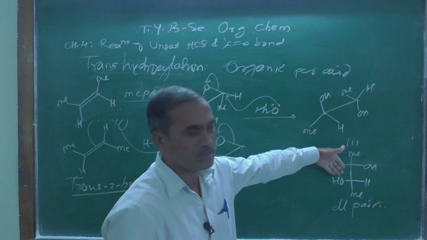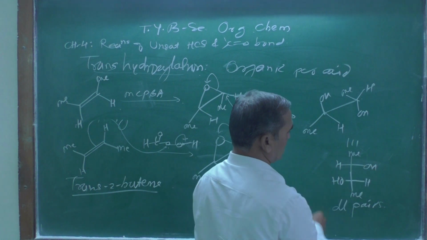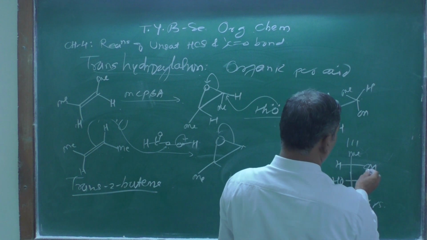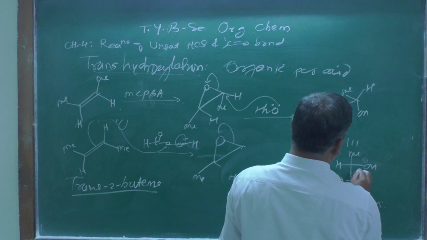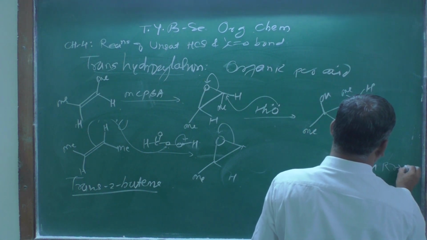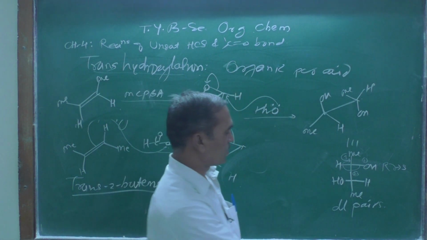DL pairs means they are rotating the plane of polarization. Suppose in this case, one you will get R configuration. If you see here 1, 2 and 3, that is R configuration. R is converted into S. Why S? Because hydrogen atom is present at horizontal position.